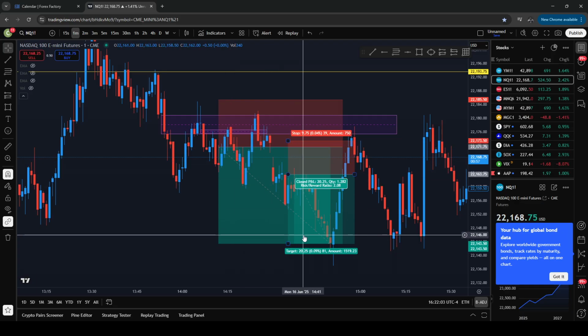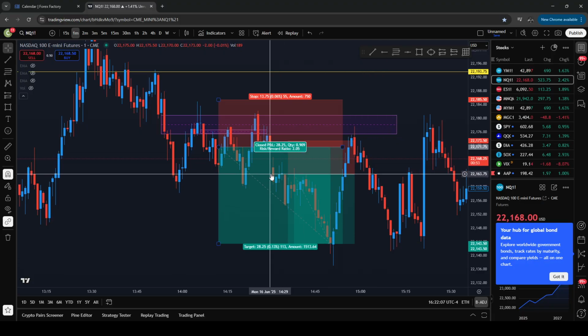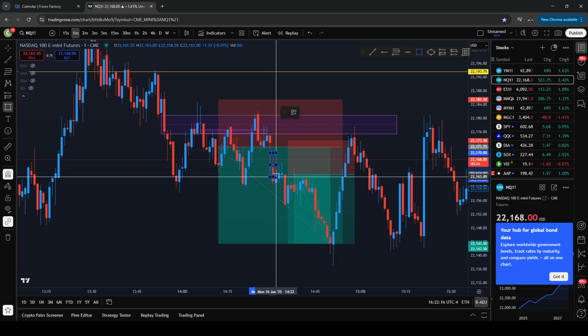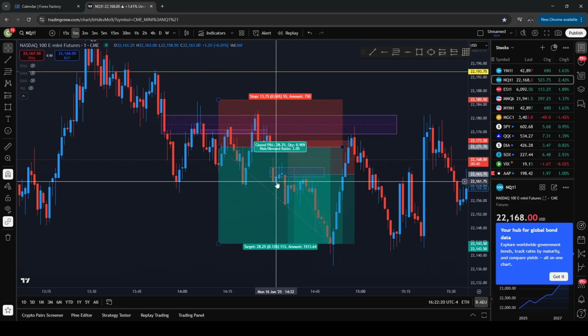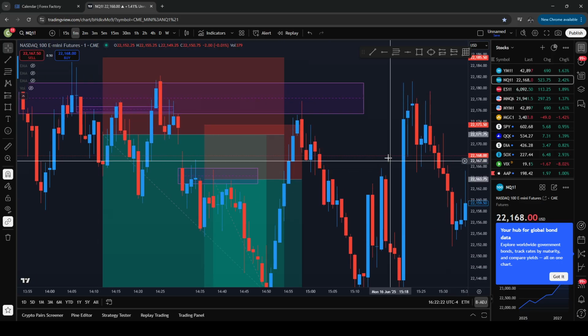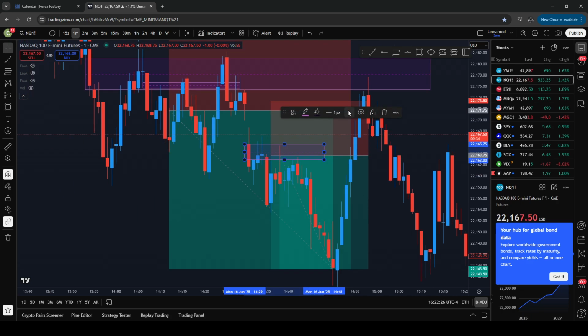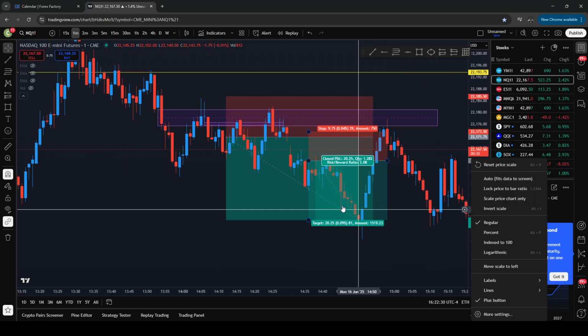There's a candle missing, so I don't know why, but I know what this candle looks like. There was another fair value gap somewhere in here. It wasn't this large; let me move this down. It was about that big, and I see these candles respecting it, so I would have gotten in again right here and hit the same target.